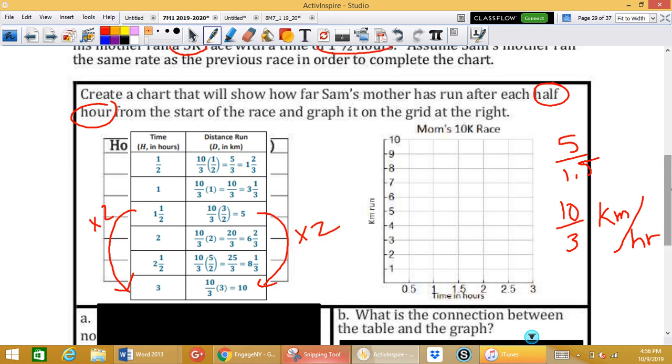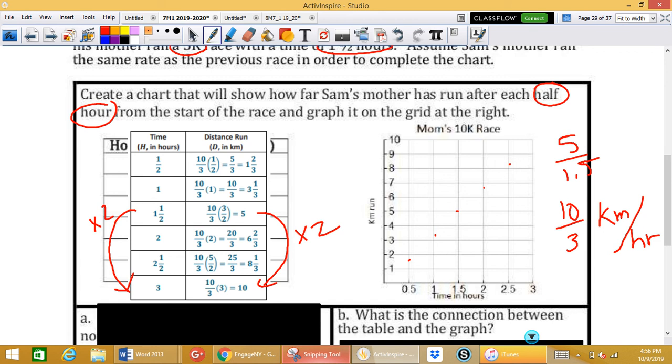So now we have to plot it on the graph. So the first half hour, she goes 1 2/3. So right about there. And the next hour, it'll be 3 1/3. An hour and a half will be 5. 2 is 6 2/3. 2.5 is 8 1/3.